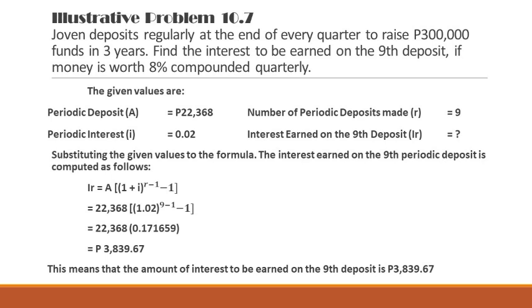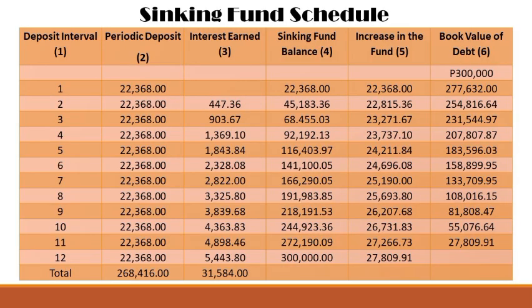Substituting the given values to the formula, the interest earned on the ninth periodic deposit is computed as follows. By substituting the values, we get the interest earned on the ninth deposit of 3,839 pesos and 67 centavos. So that is the interest earned on the ninth deposit.